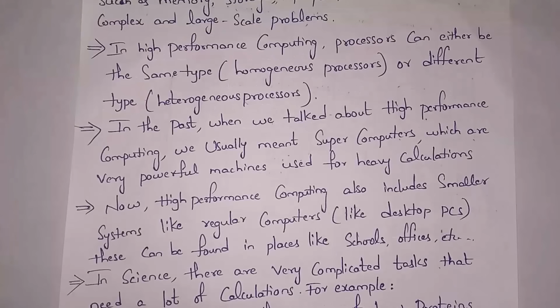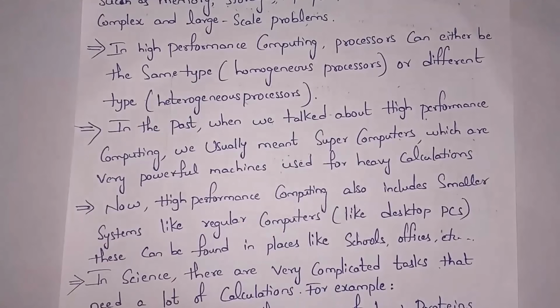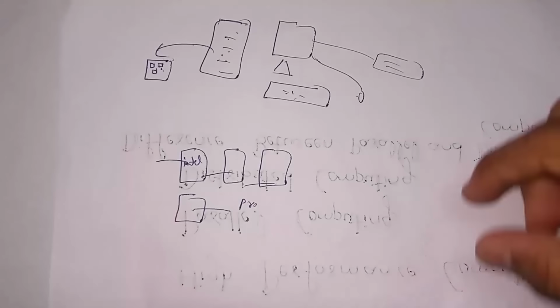Guys, in high performance computing, processors can be either of same type or different type. If they are of same type, then we call it as homogeneous processors, and if they are of different type, then we call it as heterogeneous processors. For example, let us say inside my CPU there are 4 processors. All these 4 processors are Intel 8 core processors. So this is Intel 8 core.